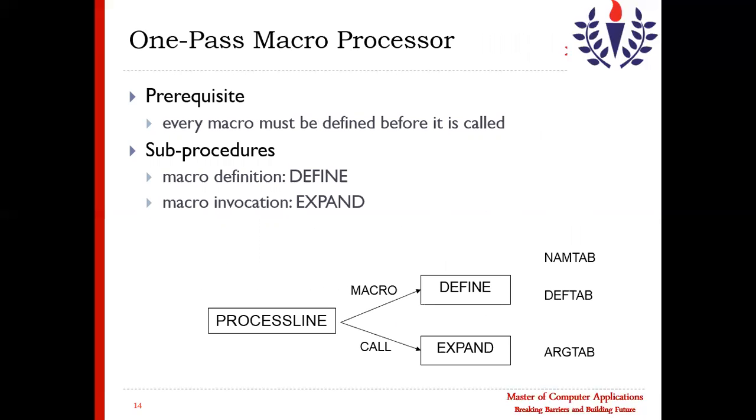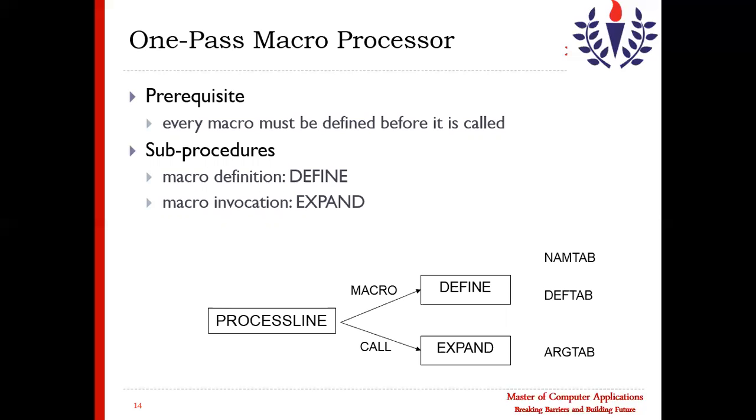Now, one pass macro process means how one pass will be implemented in a macro processor. So the first requirement of one pass is that every macro must be defined before it is called. Like we have discussed already in the assembler also.